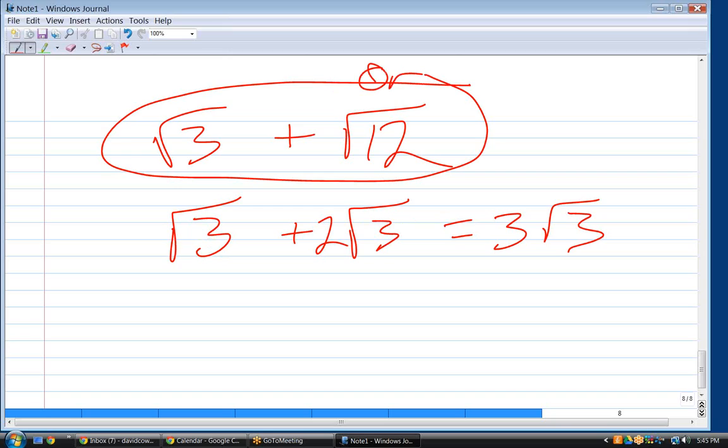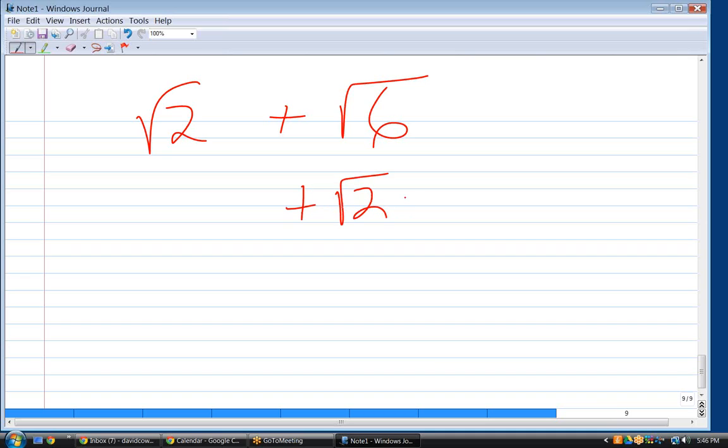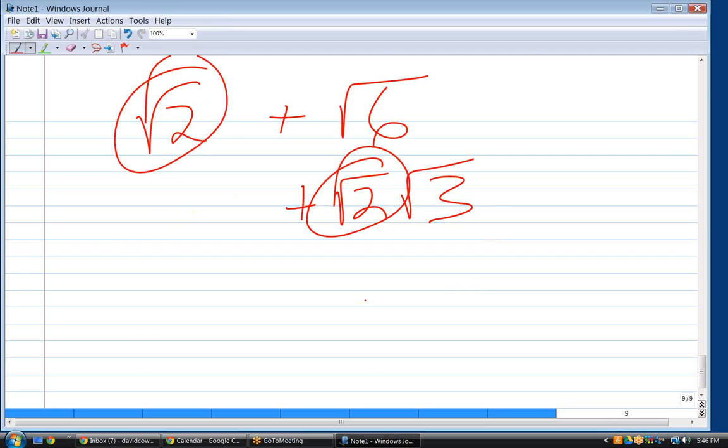And now I got 1 apple plus 2 apples, and I can add them together. And the problem that you just gave me, well, that's an apple and an orange, but I can turn this orange into root 2 times root 3. And now I've got a root 2 there and a root 2 there, and I can add them together.